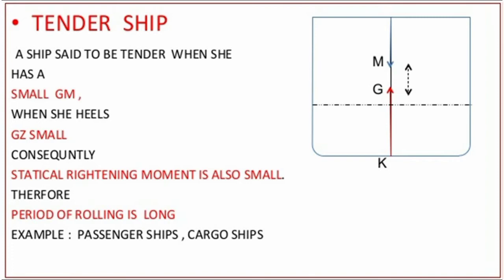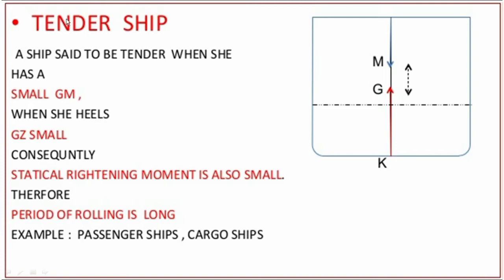for a tender ship, a ship is said to be tender when she has a small GM, a small GZ, and a small statical righting moment. Therefore, its rolling period is long. This one is also easy to memorize because when we say tender, like the tender juicy hot dog, we have the long.